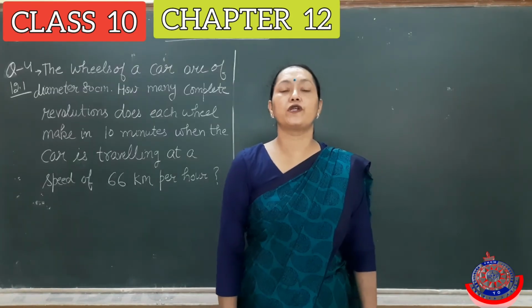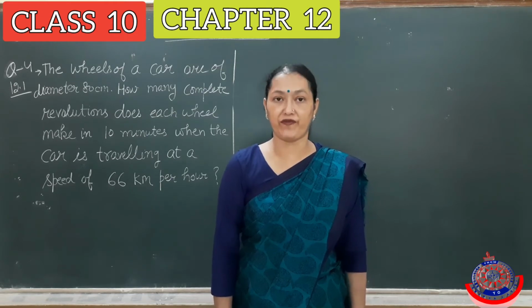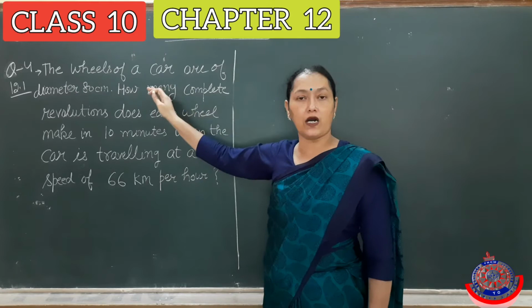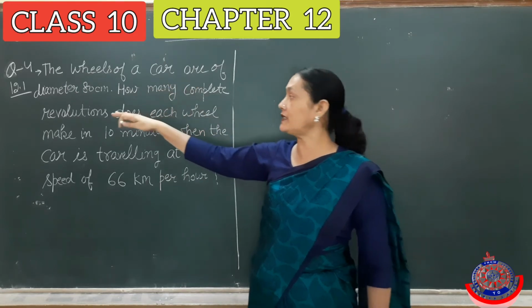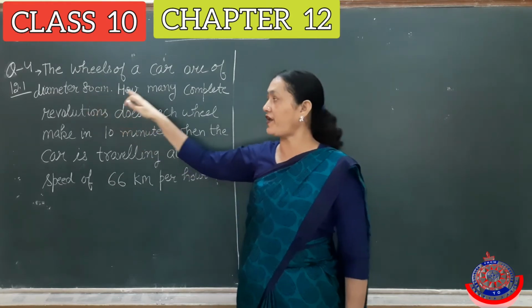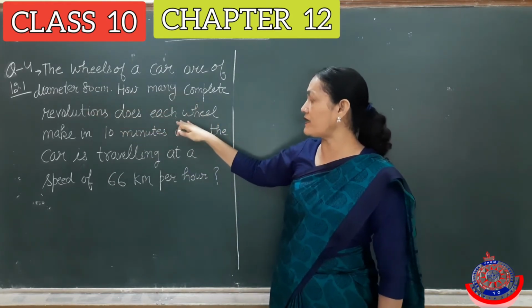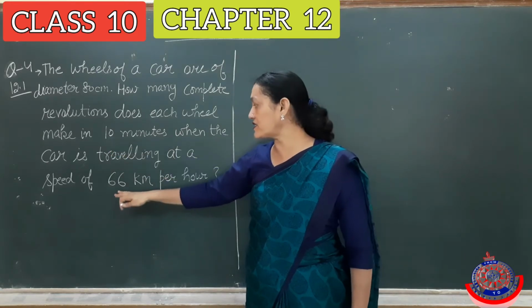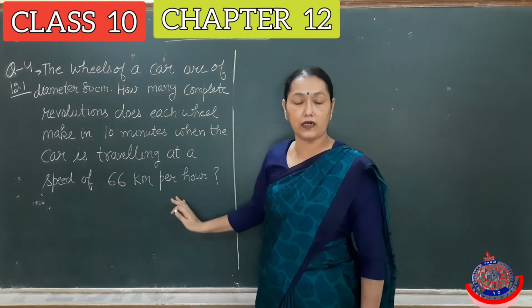Next I am doing question number 4 of exercise 12.1. In this question, they have given us that the wheels of a car are of diameter 80 centimeter each. And they are asking how many revolutions these wheels can make in the time of 10 minutes and at a speed of 66 km per hour.